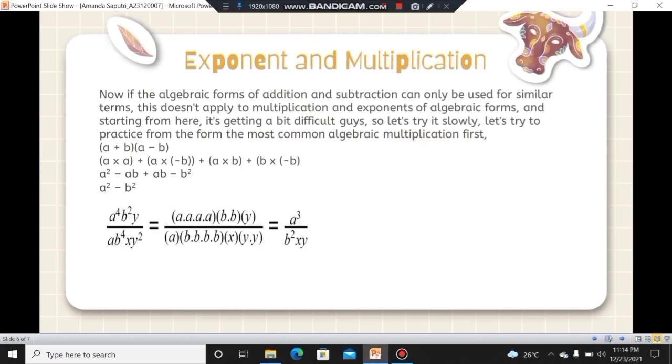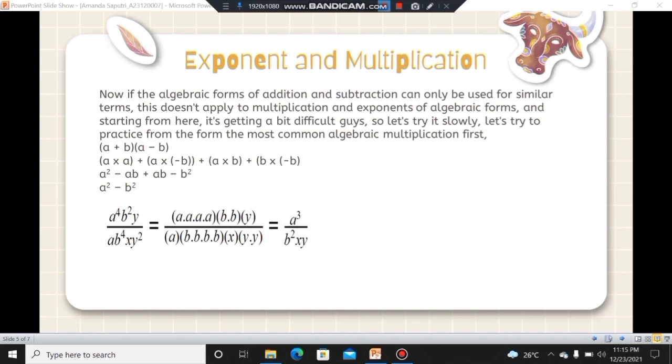Next, exponents and multiplication. Now, if algebraic forms of addition and subtraction can only be done with like terms, this does not apply to multiplication and exponents of algebraic forms. And starting from here, it's getting a bit difficult, guys.